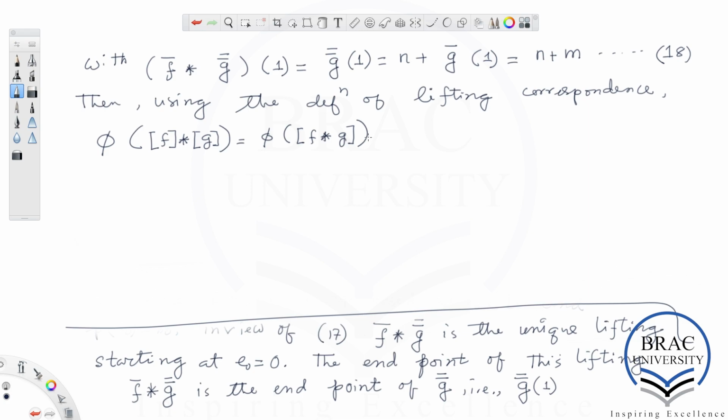Using the definition of lifting correspondence, this is the lift, which is F bar star G double bar evaluated at 1, the final point of the lift. And we have seen that this is equal to n plus m in equation number 18.